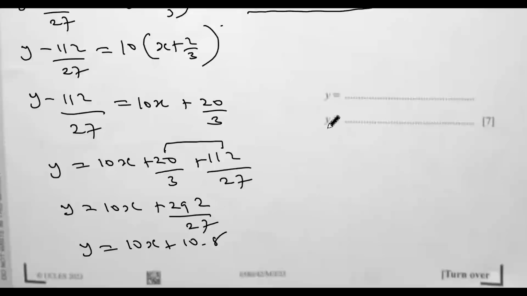Okay, so that is what we're going to have. So I can write y equals 10x plus 10.8 for this one. For the first one, it will be y equals 10x minus 40. So that will be the solution to that question.